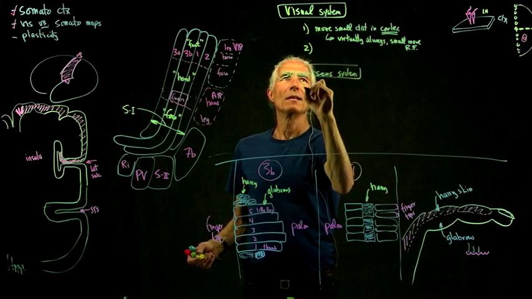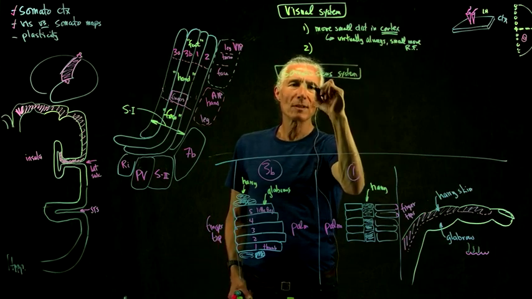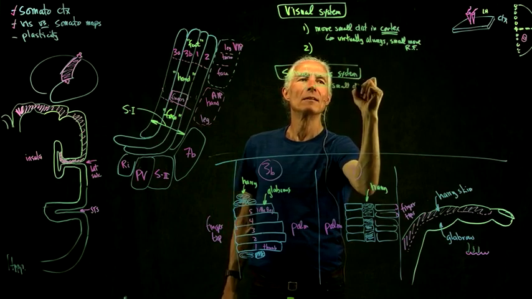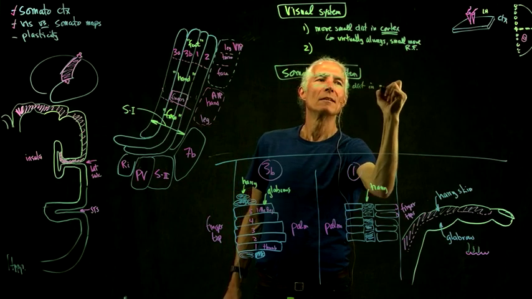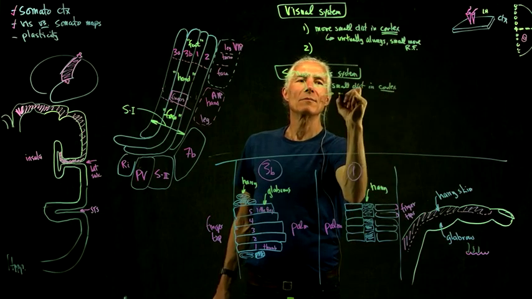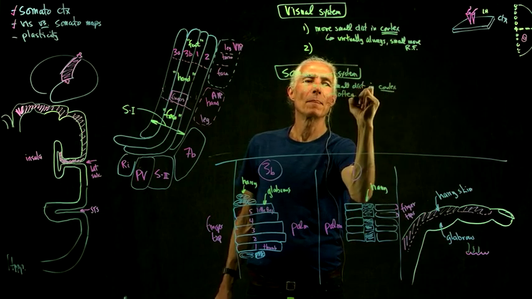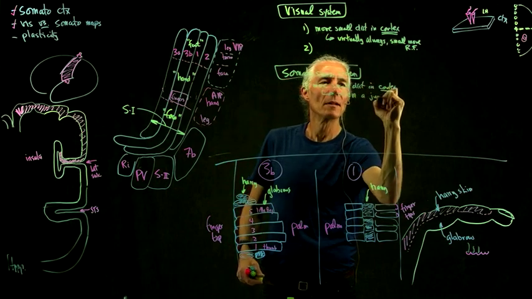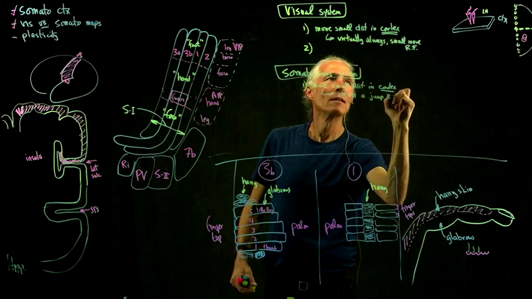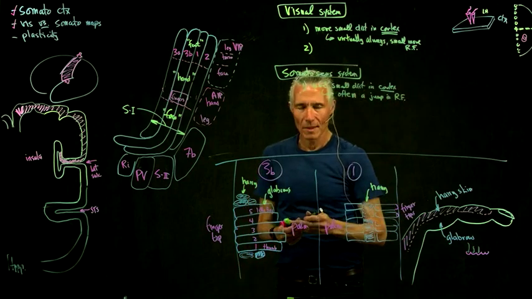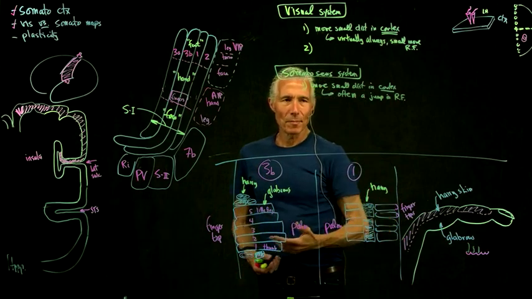Well, when we move a small distance in the cortex, we often get a jump in receptive field. It might go to some other part of the body.